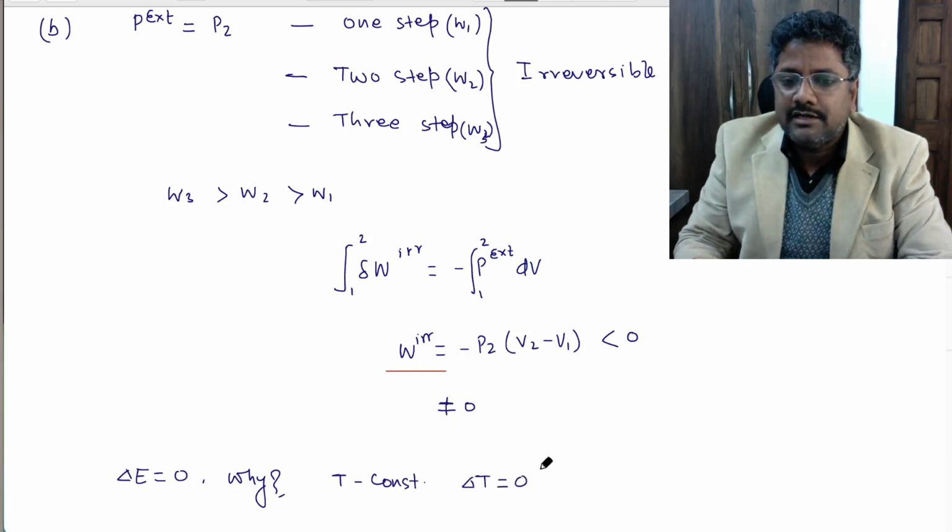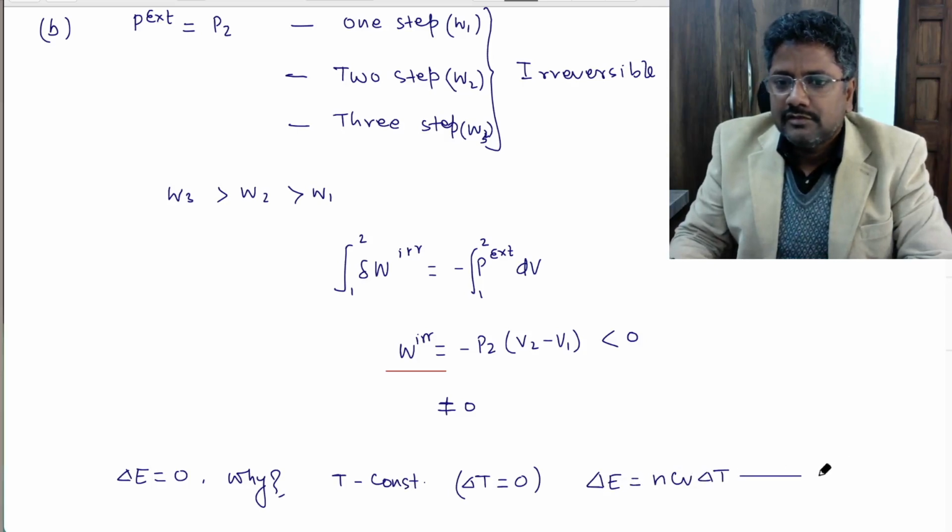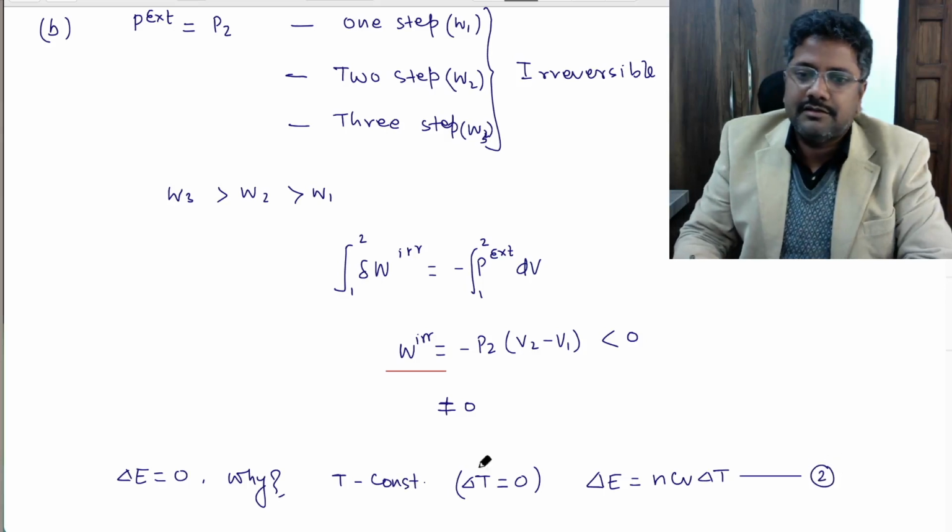I have given you the master formula, delta E is equal to nCV delta T. So if T is constant, then delta E is equal to 0.